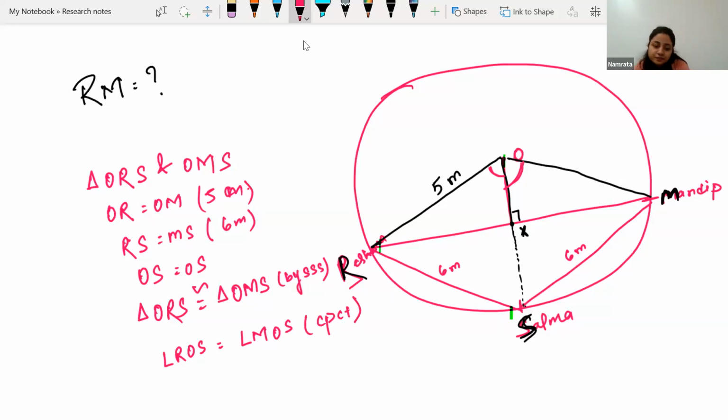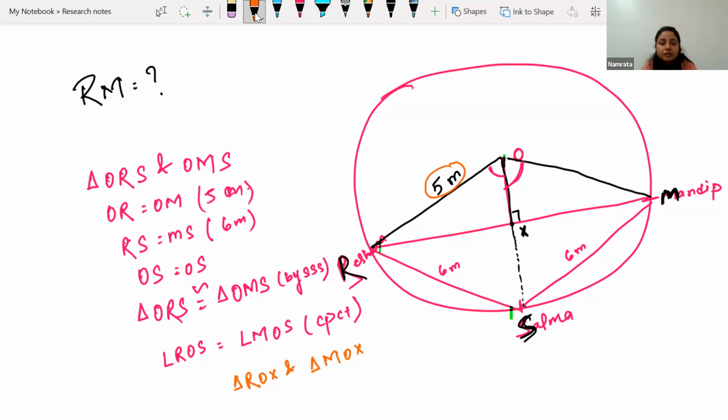Are you getting it? Okay. Now if we take these two triangles, ROX and triangle MOX, is it possible to prove they are congruent? Yes, it is possible.